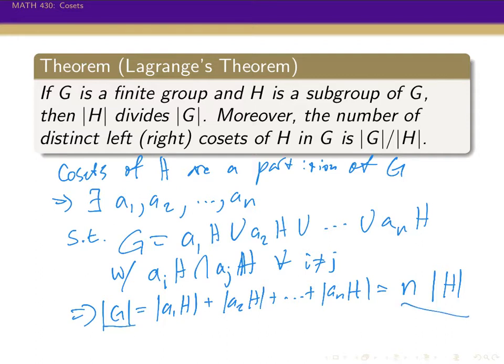So the order of H divides the order of G, and if I took the order of G and divided by the order of H, this is going to give me N, where N is the number of different coset representatives needed.